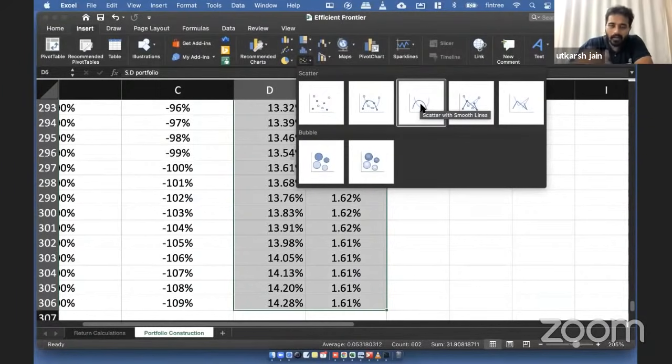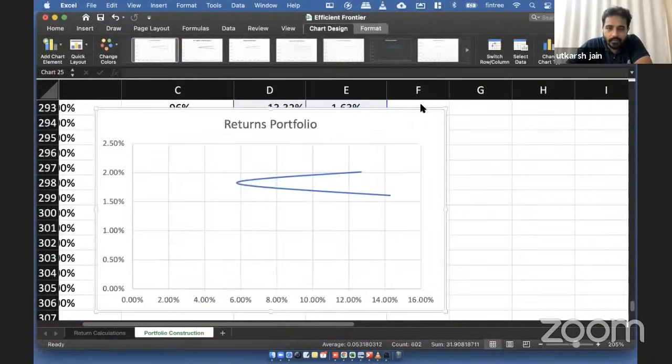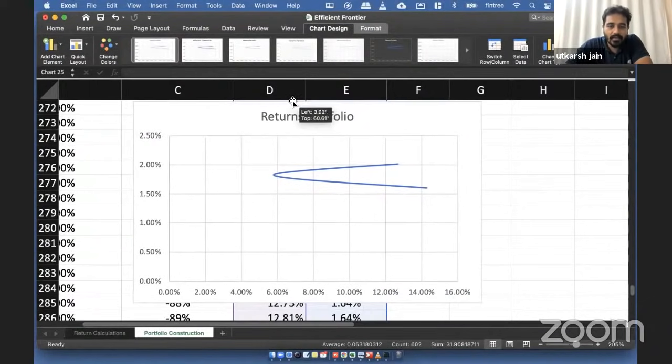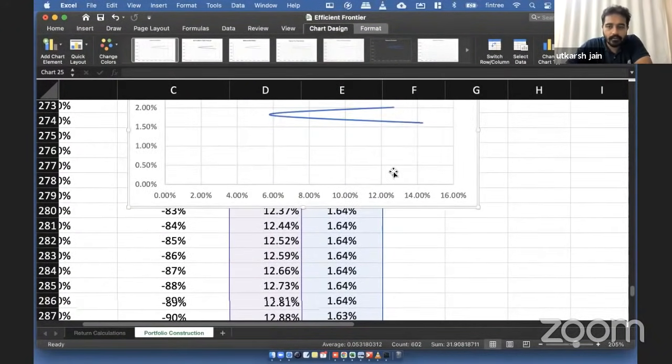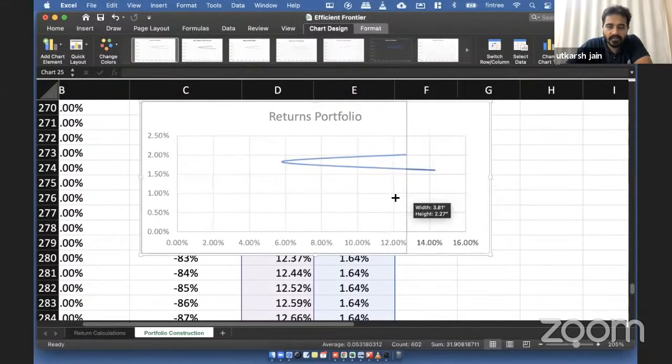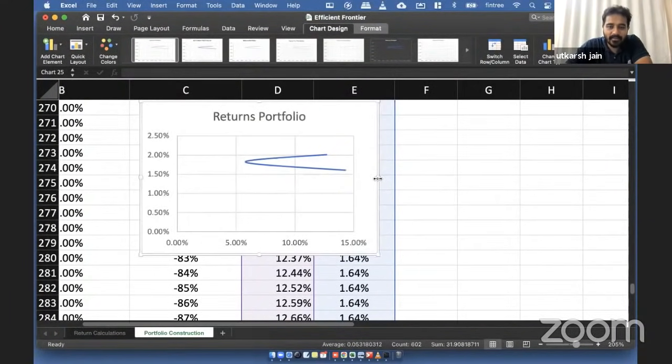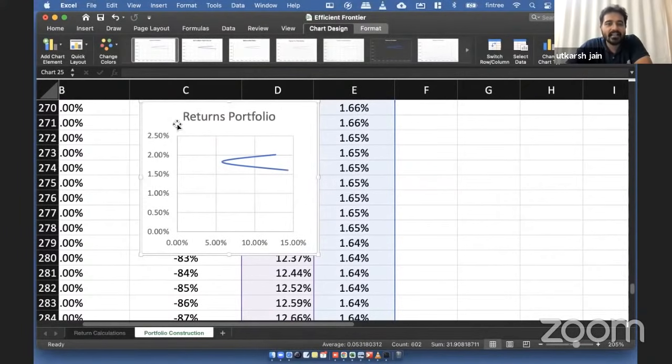So not a line chart. I want X and Y to be put in a particular way. So I'm going to insert a scatter plot. And here you go, guys. We have a graph which looks a little bit like this.